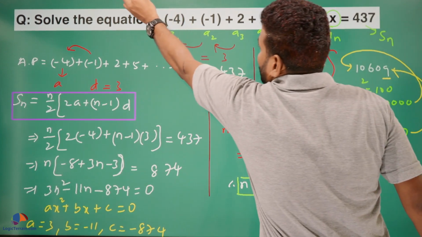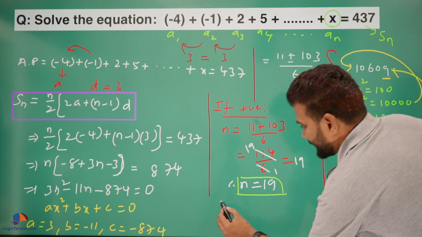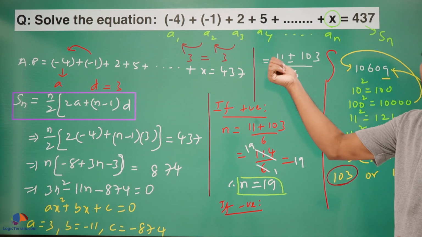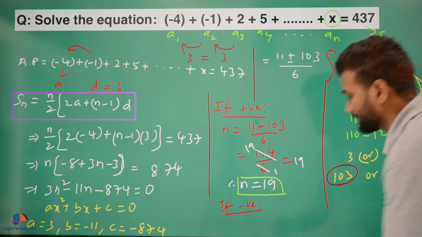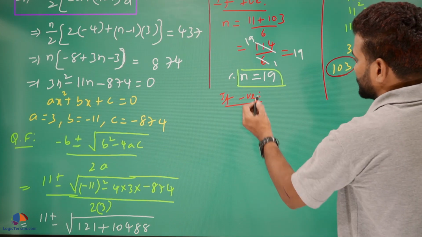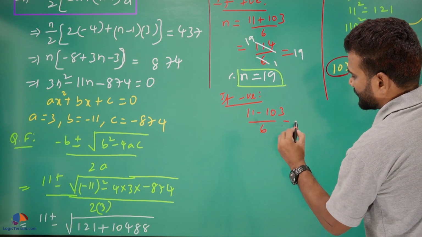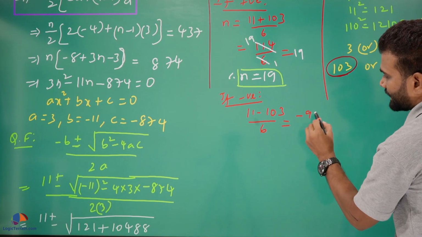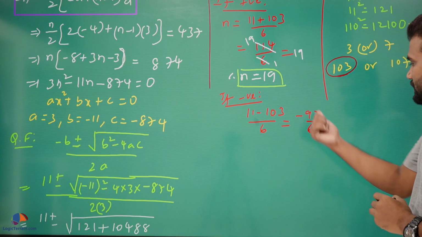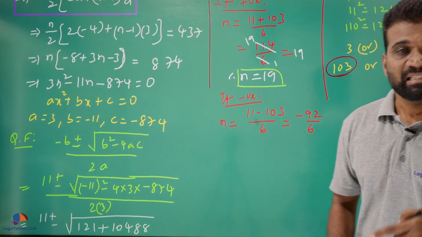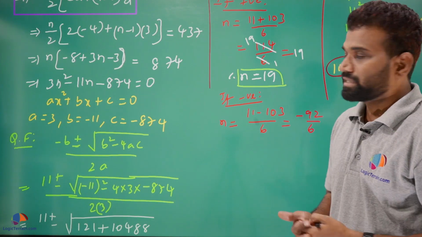For example, if we take negative, since this is plus or minus, then this becomes 11 minus 103 upon 6, and this becomes negative 92 upon 6. So we got negative. What is n? n is the number of terms, right?